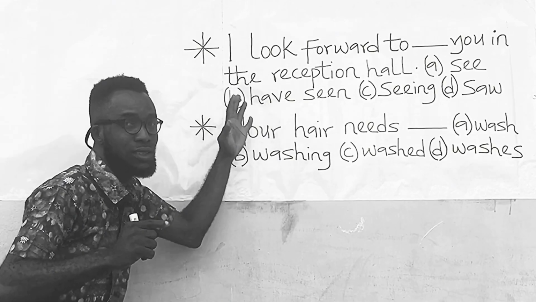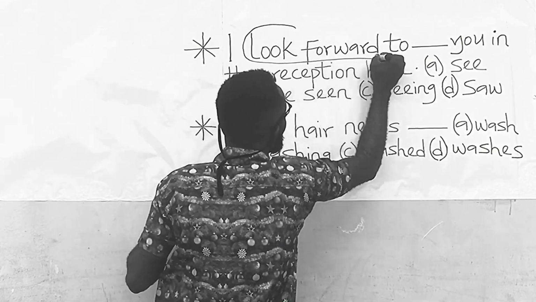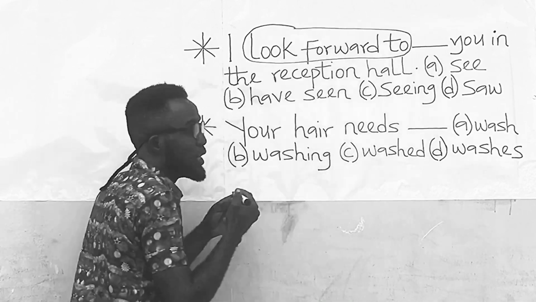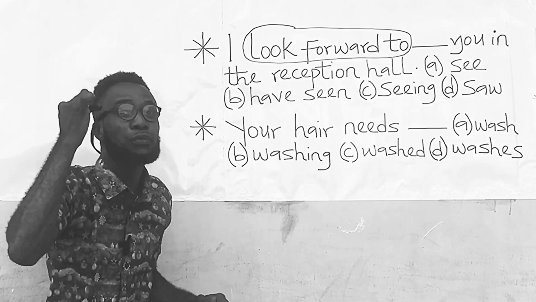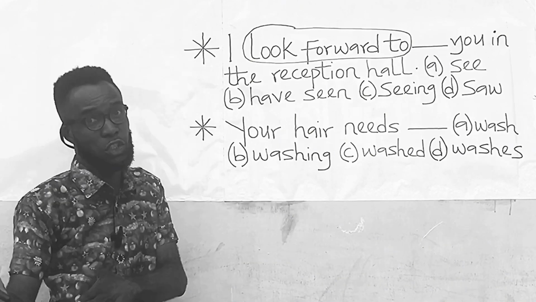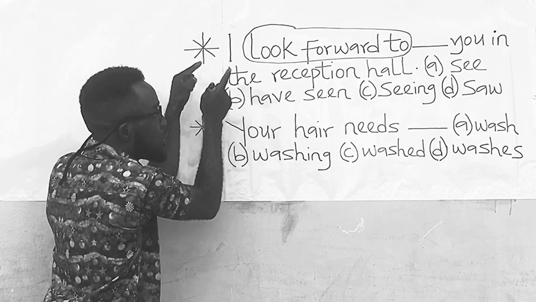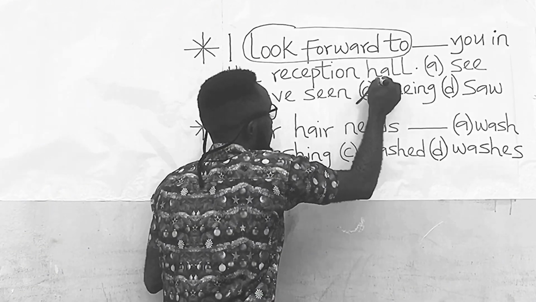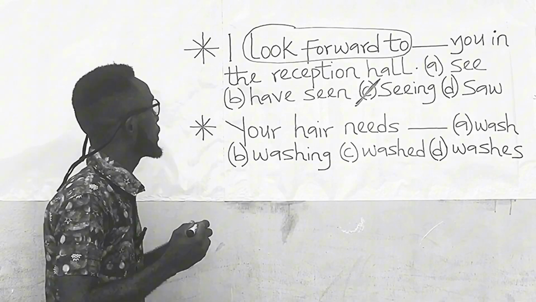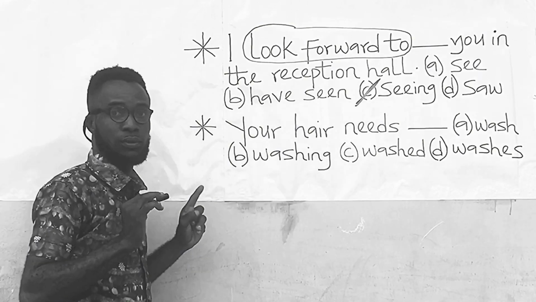Insofar as the question contains the phrase "look forward to", the gap should be filled with a gerund, a verb that ends with ing, though playing the role of a noun. So the correct option is option C. So that the question reads, "I look forward to seeing you in the reception hall."